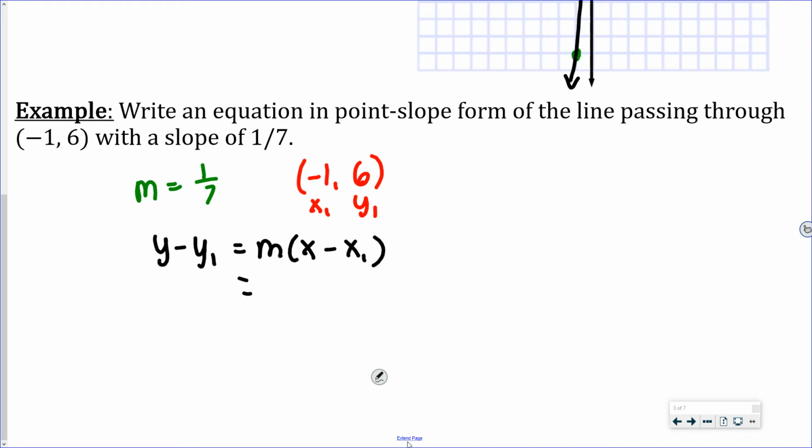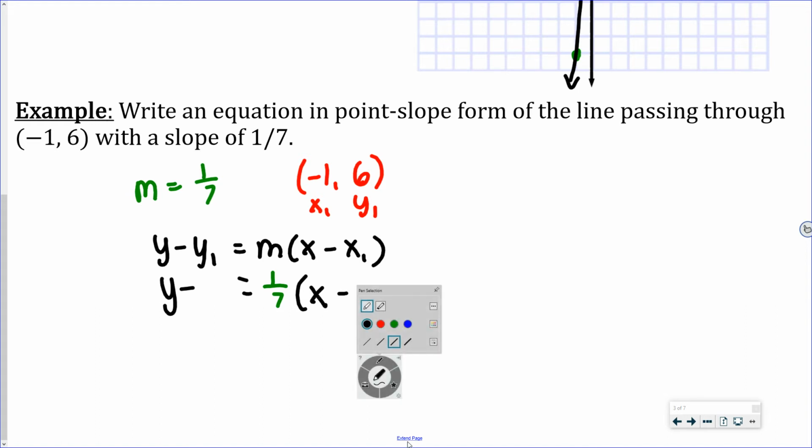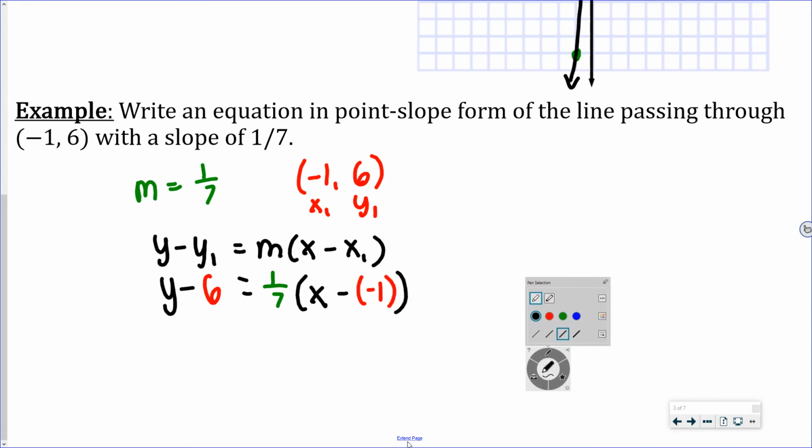Plug in your slope. We know our slope is 1/7. Now, just like before, you always leave the x and the y, and the x sub 1, y sub 1, that's talking about the point. So then you plug in the point. x sub 1 is -1. That goes near the x. y sub 1 is 6. That goes by the y. Now they want me to leave this in point-slope form.